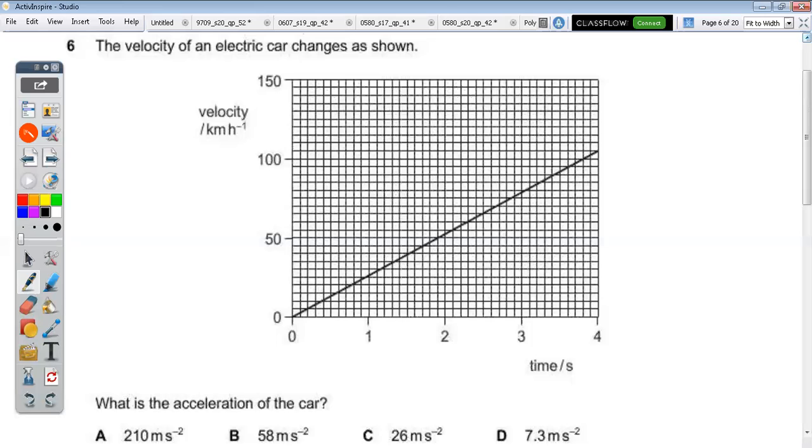So what's your answer? I'm still trying to convert the velocity to meters per second.